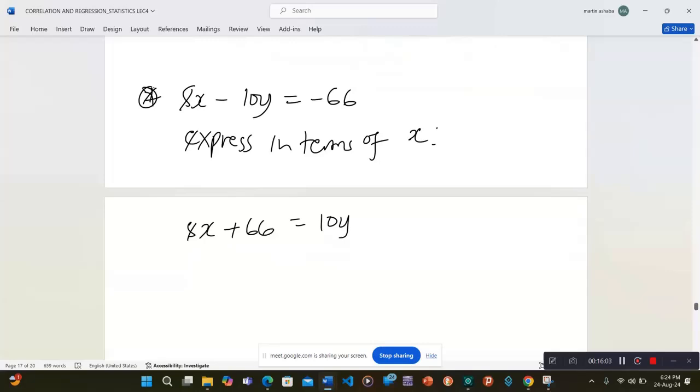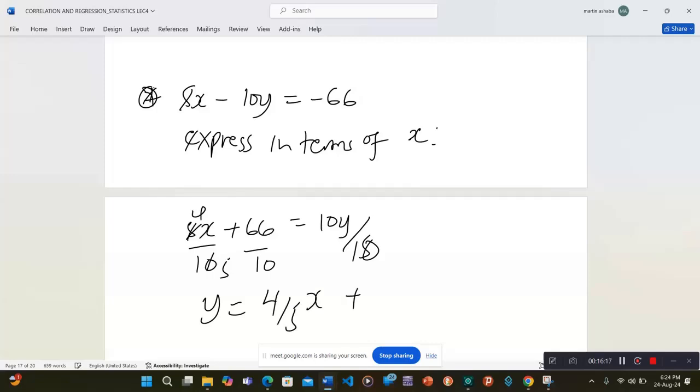We divide both sides by 10. So y is equal to, by 2, 4 over 5, we have 4 out of 5 x plus, by 2, 33 over 5. So we have 33 out of 5.